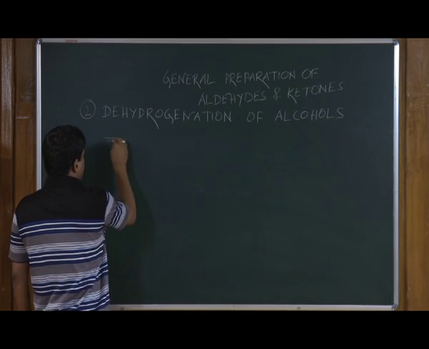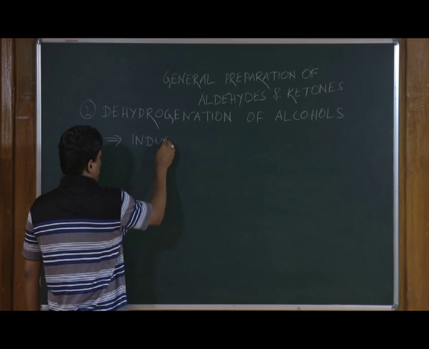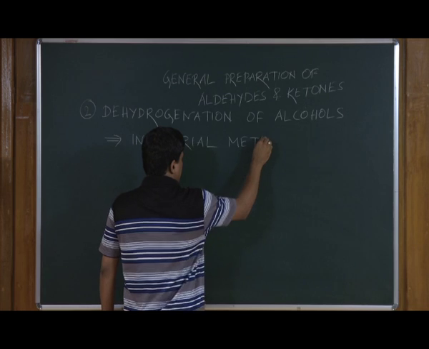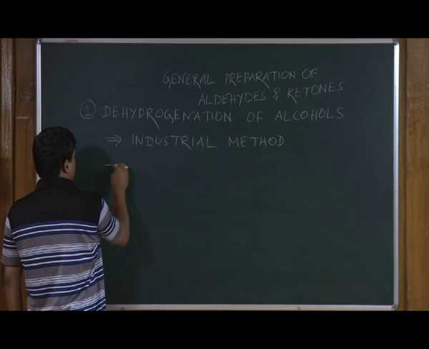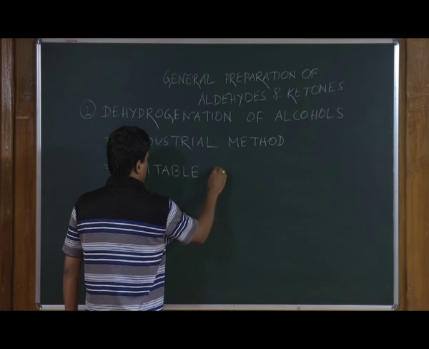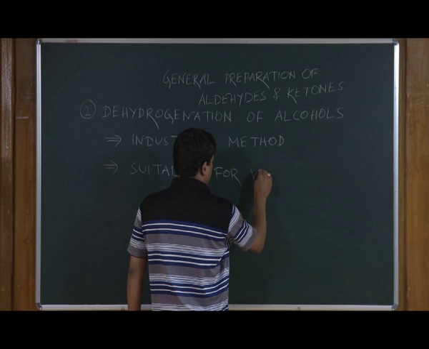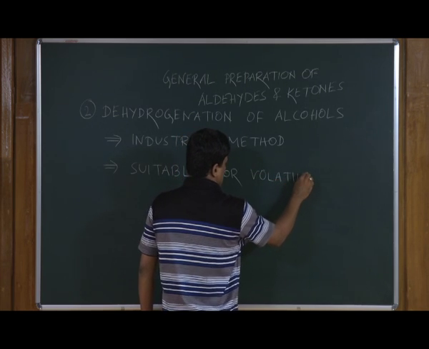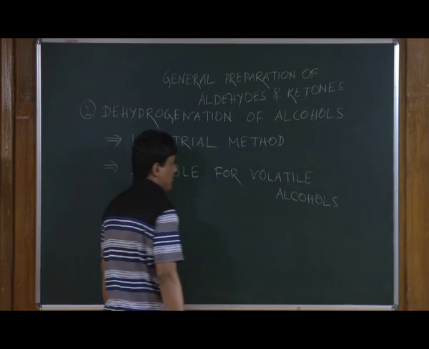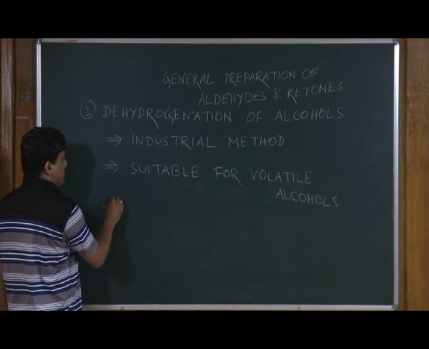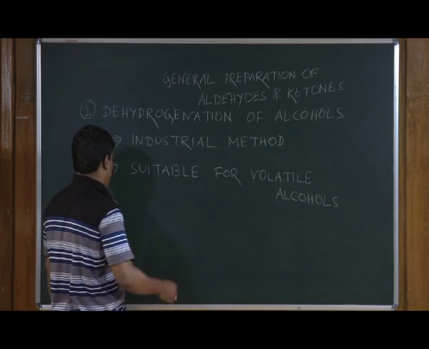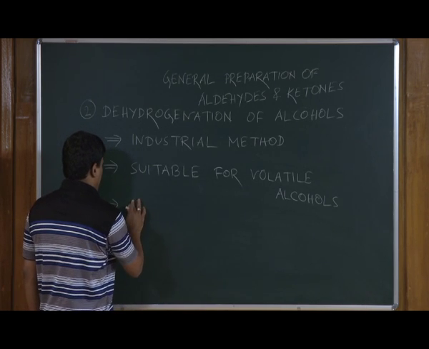So, this is an industrial method and suitable for volatile alcohols. And in this process, the alcohols are passed through a silver or copper catalyst.